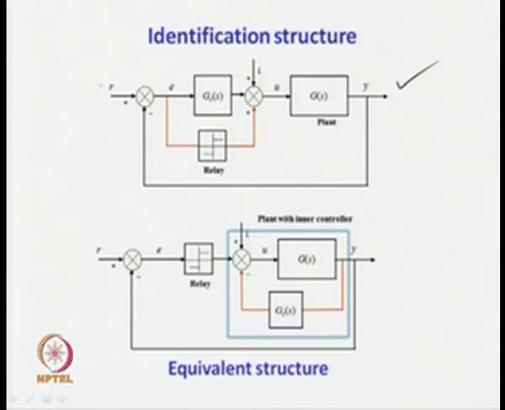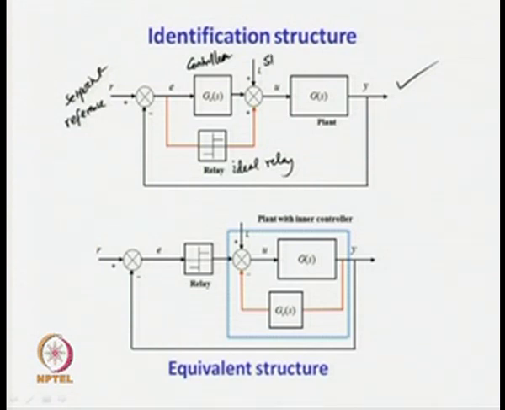Now, R is the set point or reference input, GC is the controller connected in parallel with the relay, and the relay is assumed to be an ideal relay.